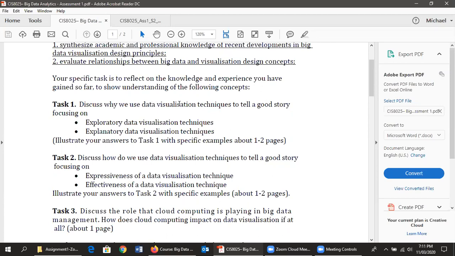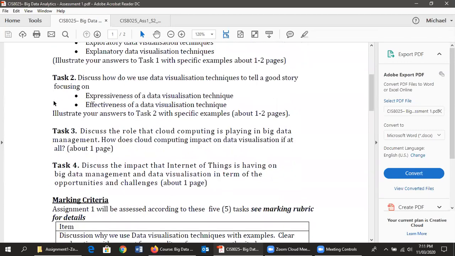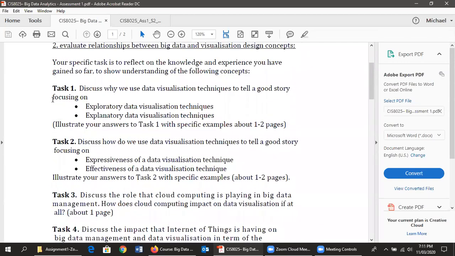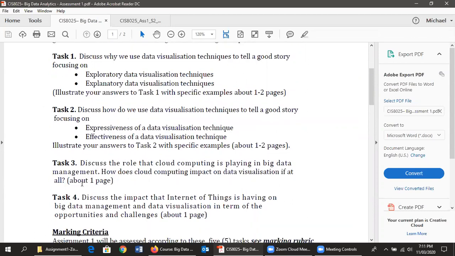That's why I'm thinking of extending it to the following Friday. There are 4 tasks, and tasks 1 and 2 are related, probably module 1 and somewhat module 2, and then tasks 3 and 4.